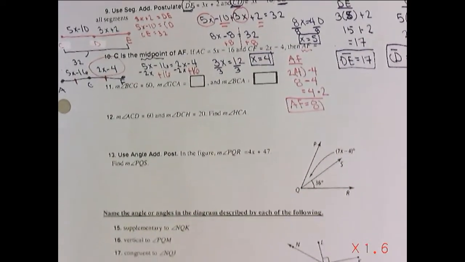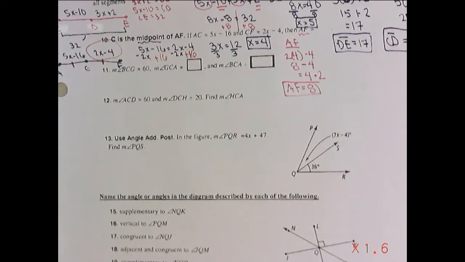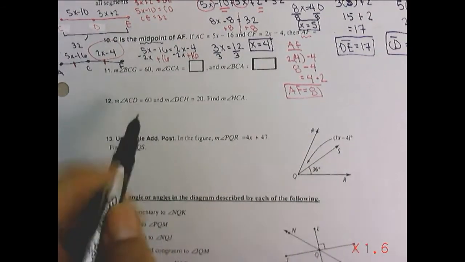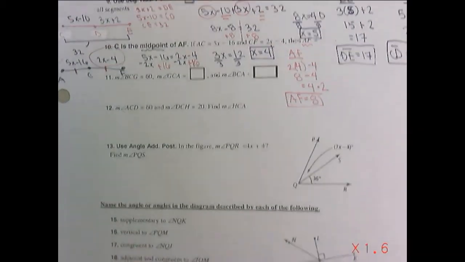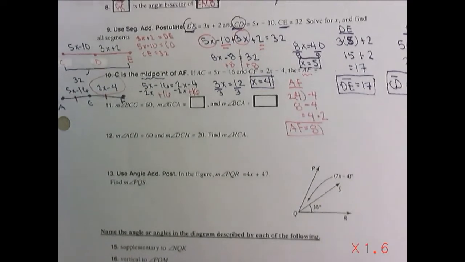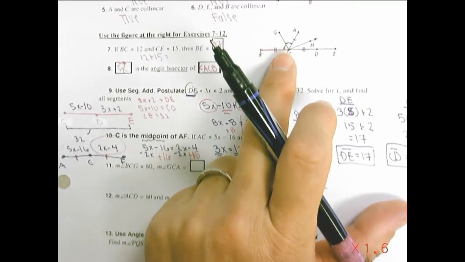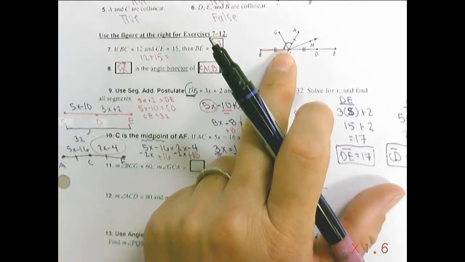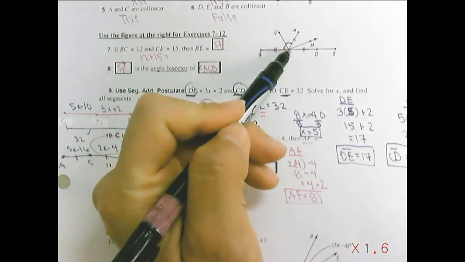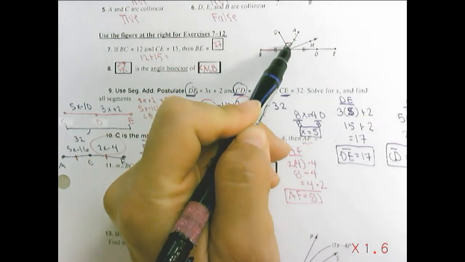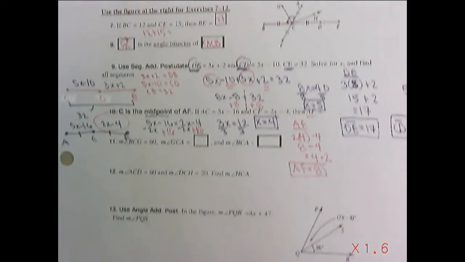All right, moving along to question 11. It says that BCG is equal to 60. All right, if we look back up here, BCG on this diagram is equal to 60. All right, it wants to know what GCA is. Well, if this is 60, then this has to be 60 because they're both marked congruent.